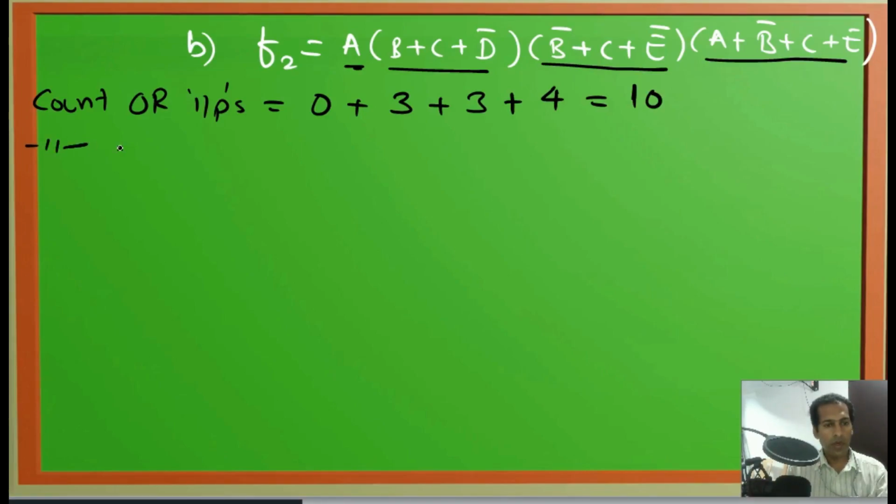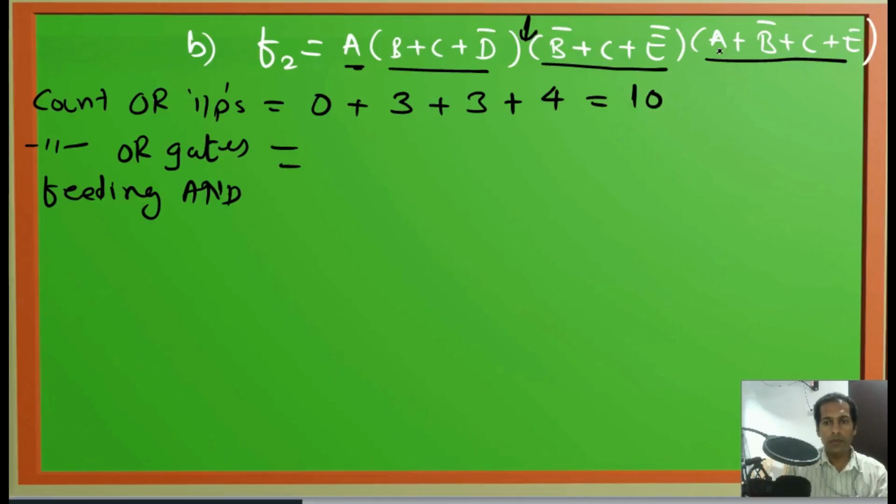Now we have to see the count of OR gates, those which will be connected to the AND gate. This dot is the AND operation. For this AND operation we require 1 OR gate, since addition is OR.